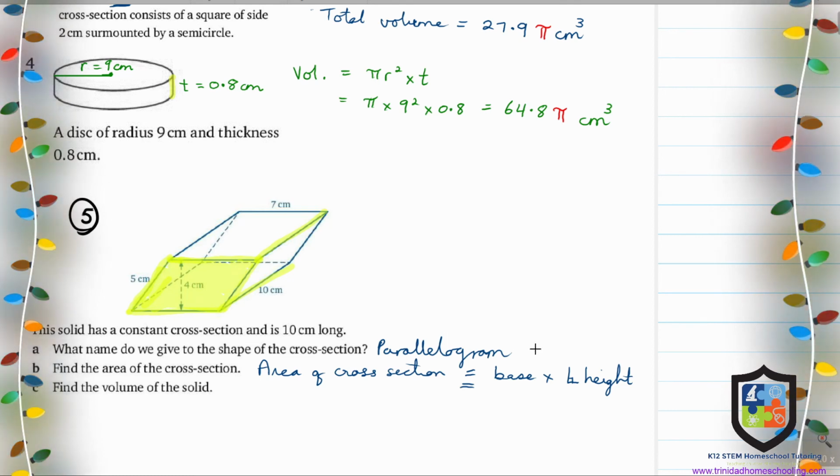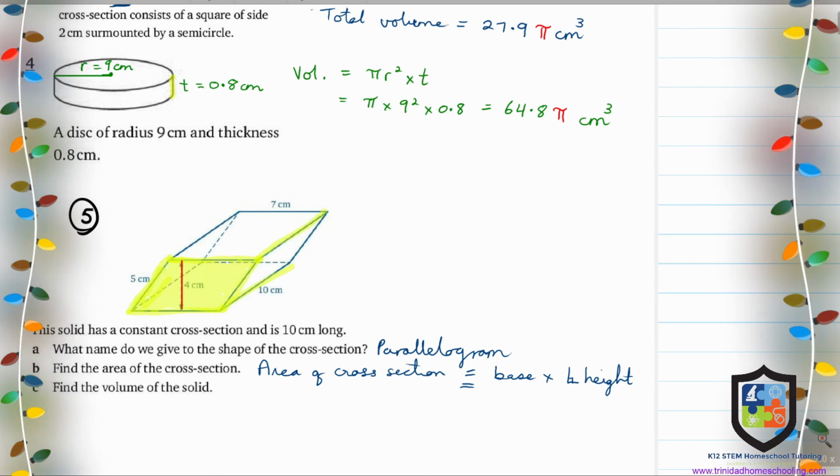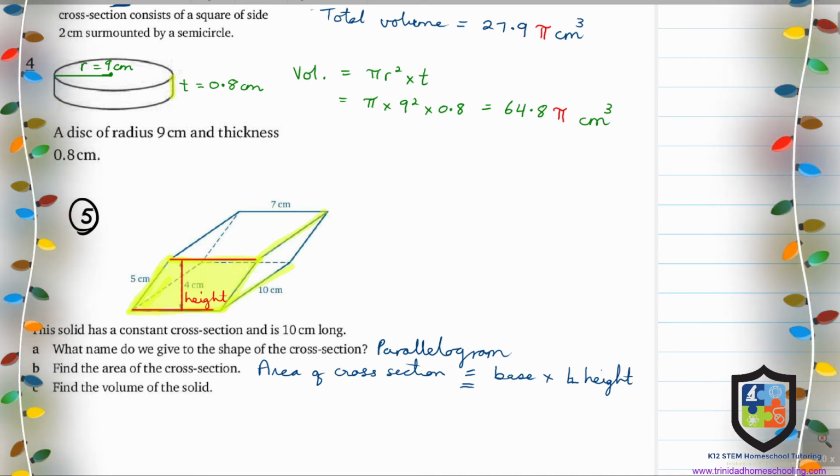So my base is, now if we look closely, we need our base to be the side that is perpendicular to the height. Now the height is this 4 centimeters here. I'm going to label that height. And the base is going to be either this side here or this side. We had enough practice with finding areas of parallelograms before.